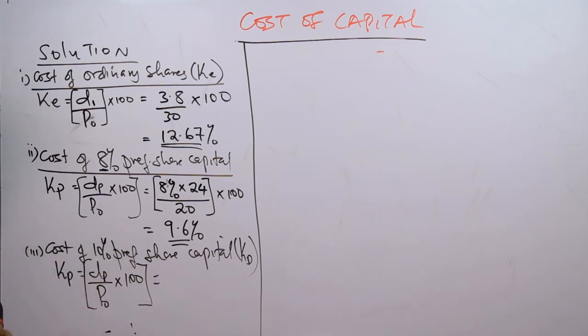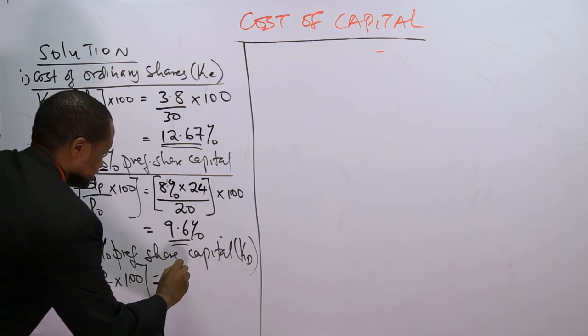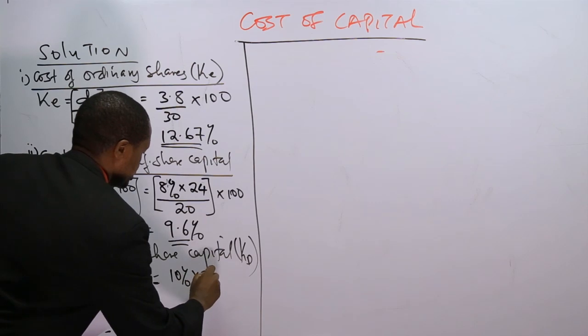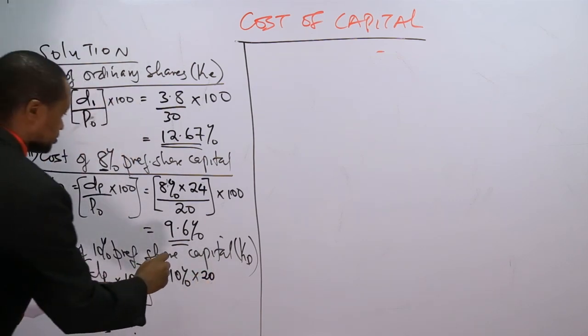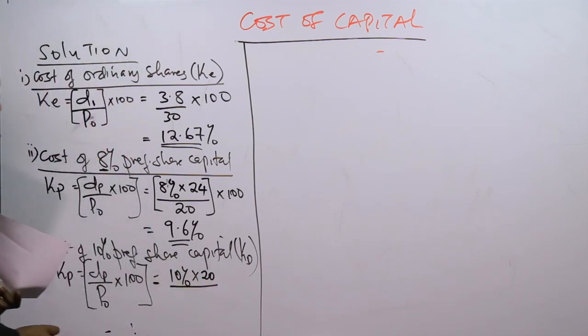Again, like in the other case, we determine the dividend per share, and the rate paid per dividend is 10%. We multiply by the par value in the first table, the par value for 10% preferred share capital, 20 shillings. So you multiply 10% times 20, that will give us the dividend per share.